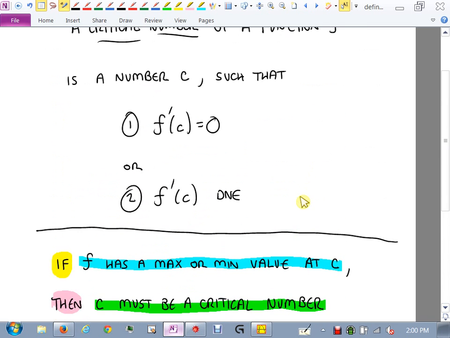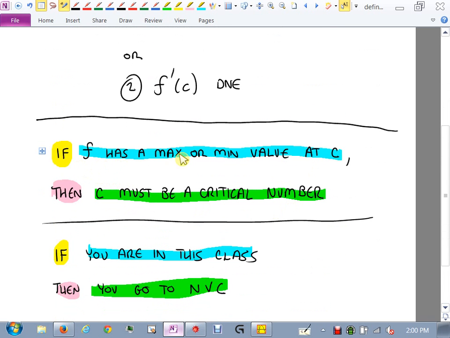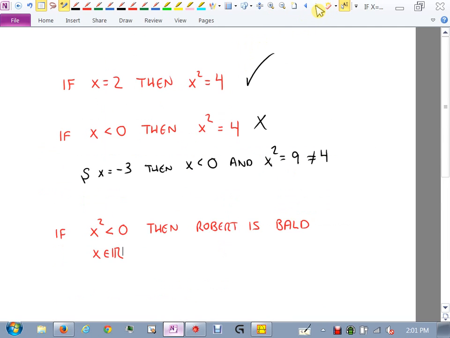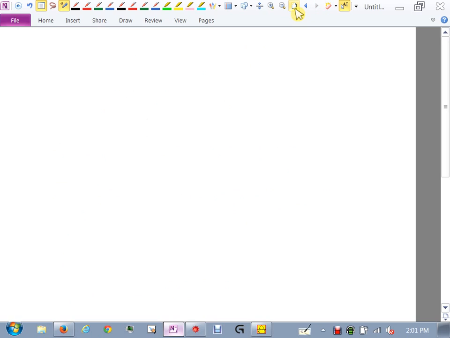Where was I? Here we go. If we have a max or min value, then we know it must be at a critical number. Now, if you're going to take anything away from this, here's the note right here. It's the method of how to find the maximum and minimum values of a function on a closed interval. Here it is: the closed interval method.